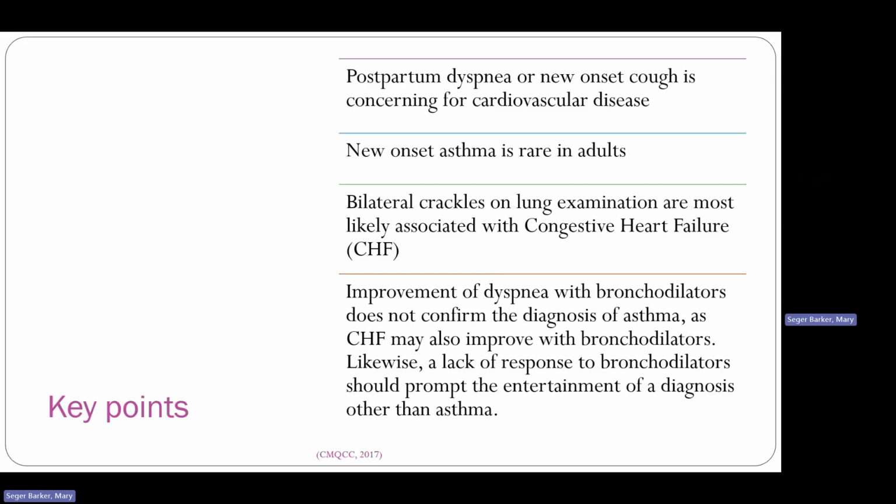And the other important part is that improvement of shortness of breath with bronchodilators does not confirm the diagnosis of asthma, because congestive heart failure can also improve with bronchodilators. Likewise, a lack of response to those bronchodilators should really prompt consideration of a diagnosis other than asthma, which would lead us back to cardiovascular disease.